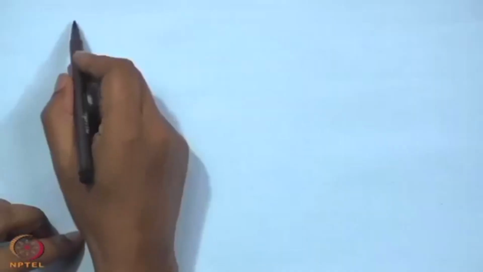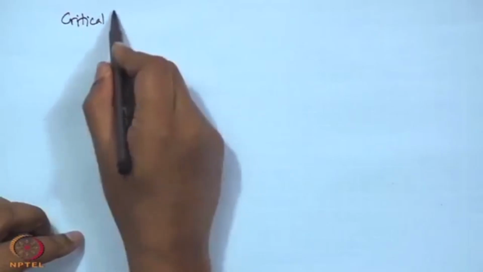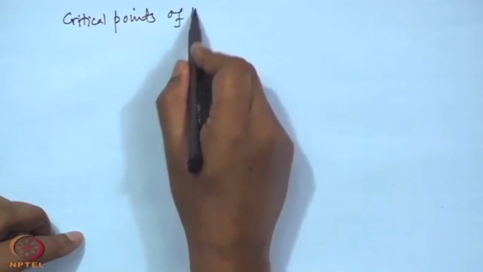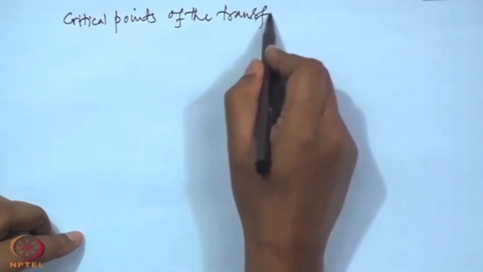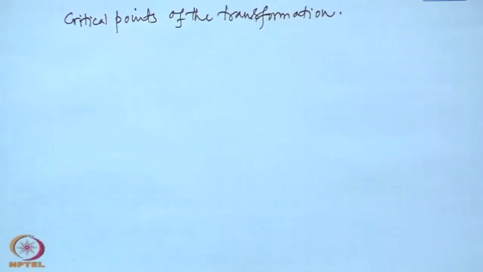What are the critical points of this transformation? Critical points of the transformation. At critical points what happens? d zeta d z equal to 0.